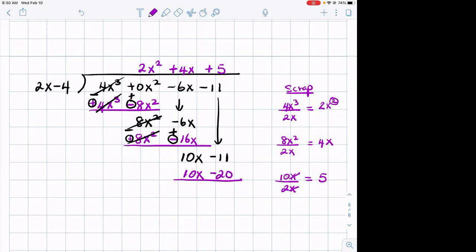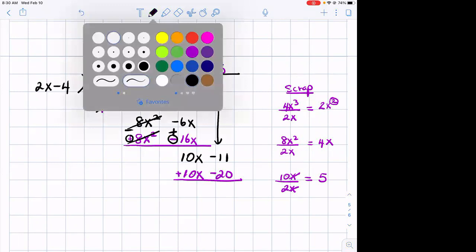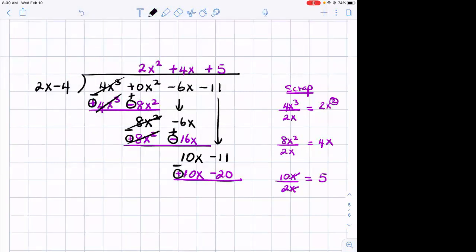Don't forget, we have to change our signs. So this now becomes a minus, and this becomes a plus. So minus 11 plus 20 becomes positive 9, and plus 10x minus 10x cancels out. So here again we have a remainder.